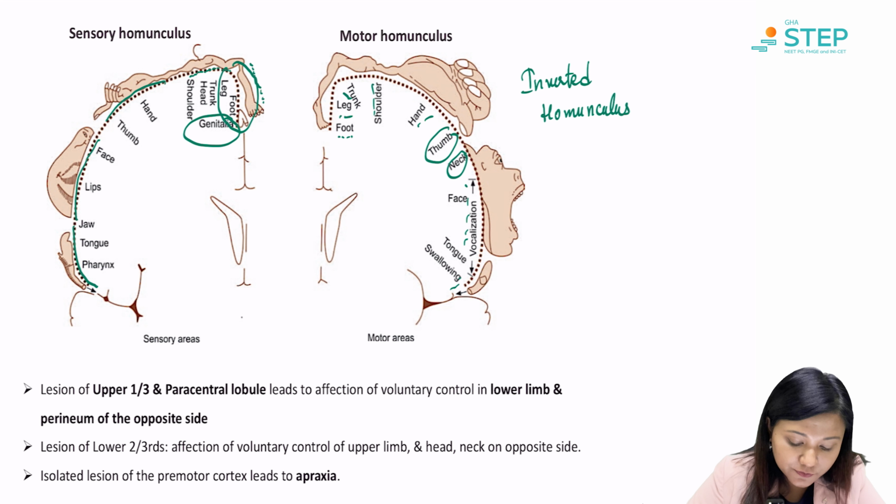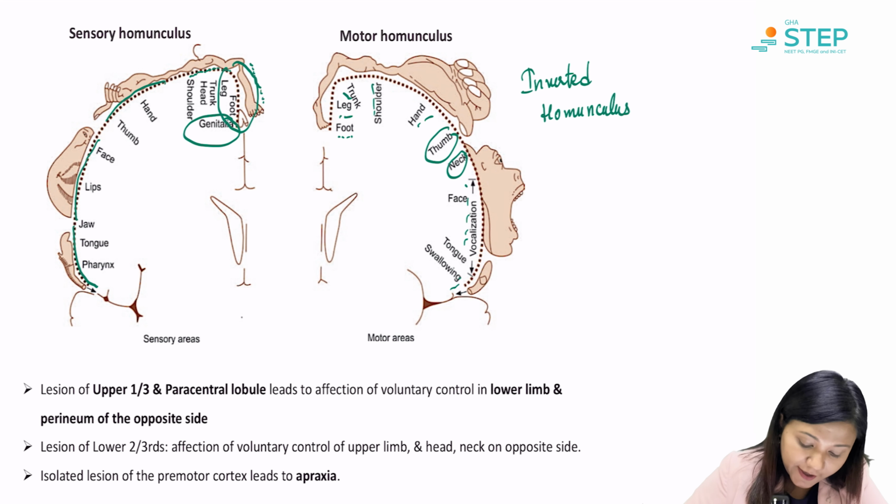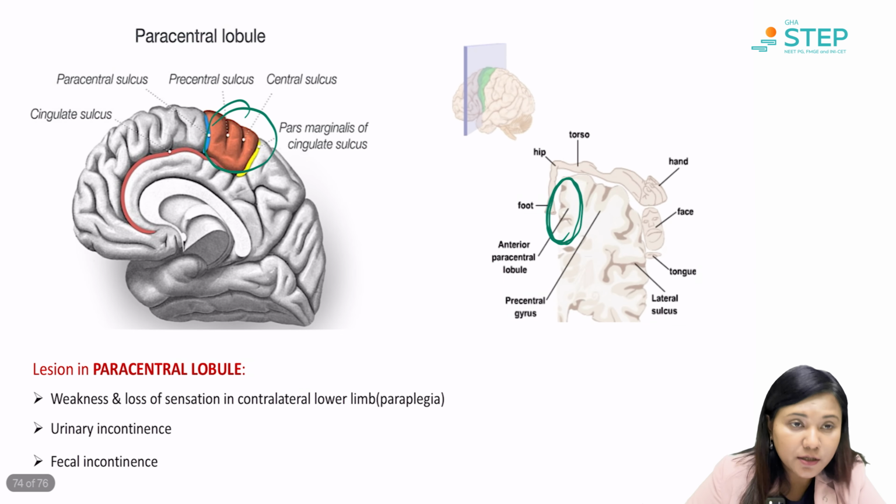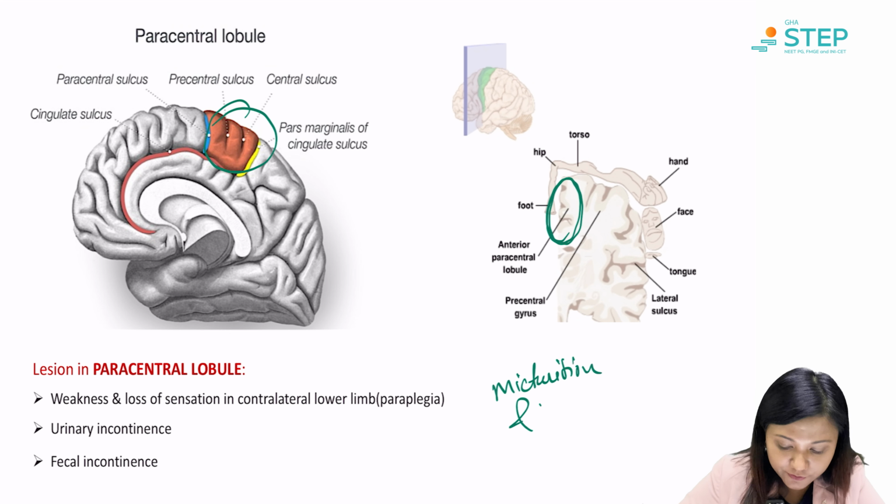So this will involve mostly the leg, foot, and perineum region. The paracentral lobule is mostly involved in micturition and defecation. Okay, that is its main function.